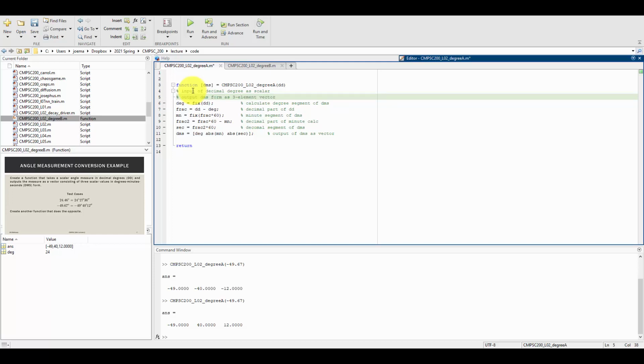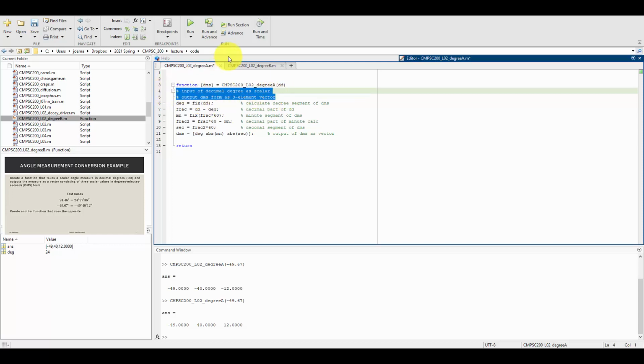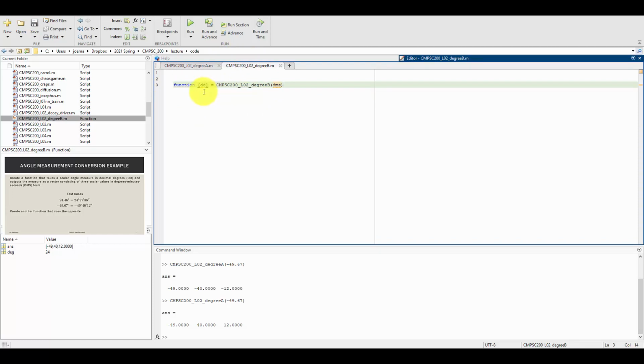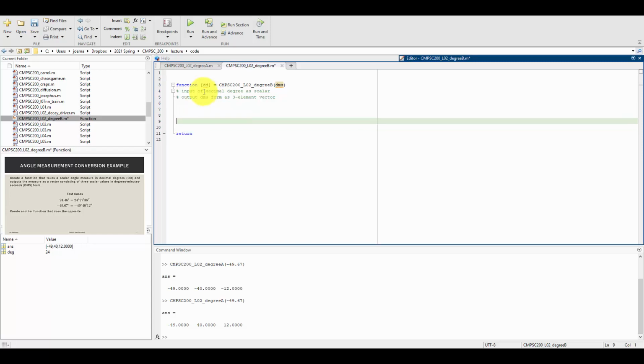All right, again, I'll reiterate, this is a live example, so there's probably better ways to do this, but right now I'm just trying to get something functional and go through the process. So our other function, we want to do the opposite. So we have an input of DMS form as a 3-element vector, and our output is going to be a scalar in this one.